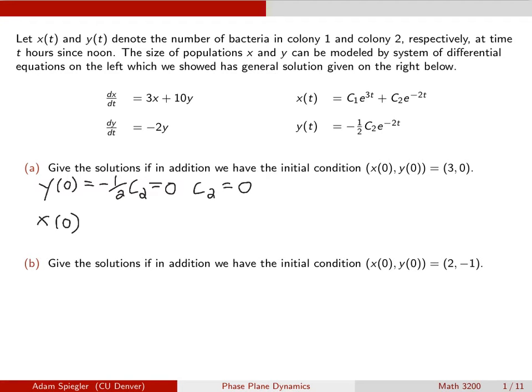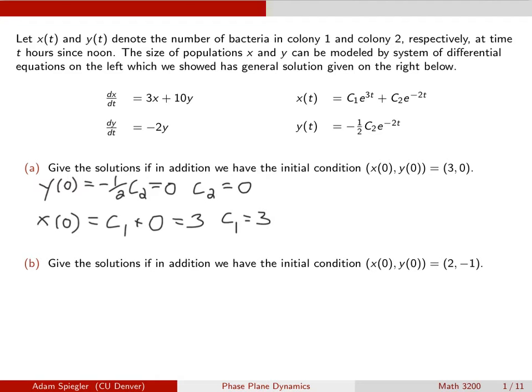So at time 0, we know that colony X is going to have C1 plus C2. And now we can plug in 0 for the value of C2, and we could set that equal to our initial value for X, which is 3. And from this, we can see that C1 needs to equal 3.